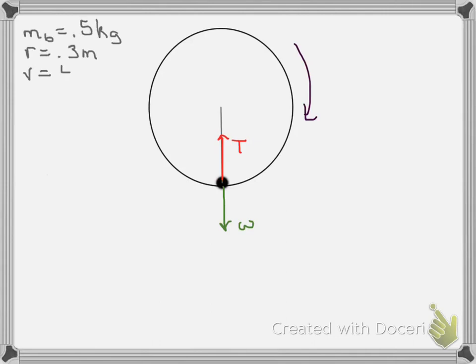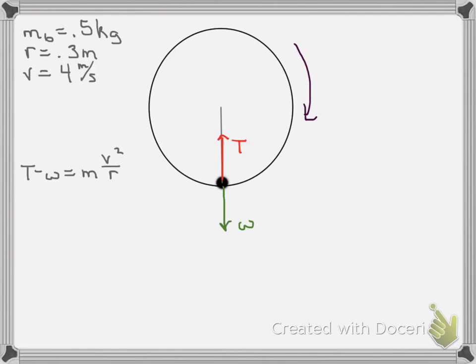Let's assume that the yo-yo has a mass of 1/2 kilogram, that the length of the string is 0.3 meters, and that you rotate this such that the yo-yo has a constant speed of 4 meters per second. Let's apply Newton's second law of motion to the yo-yo at this point and find the tension in the string.